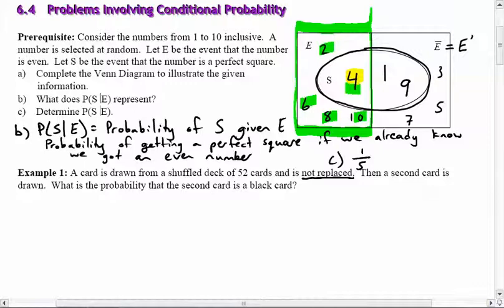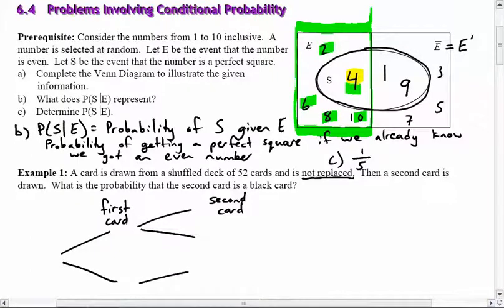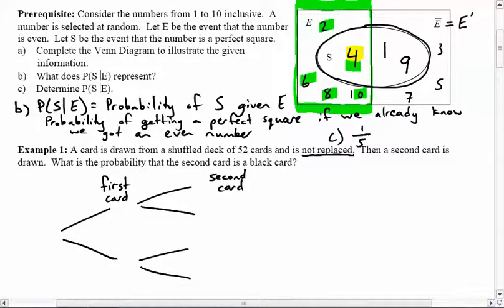And to make a tree, usually you're going to talk about the first event as being the first branch of the tree. And then the second event, whatever happens next, will be the second branches of the tree. So we've got two possibilities for the first card. It's either red or black.